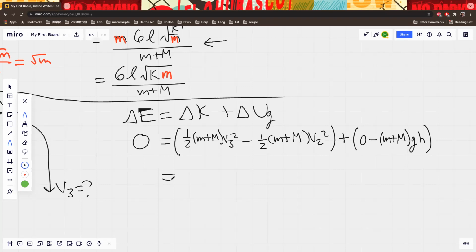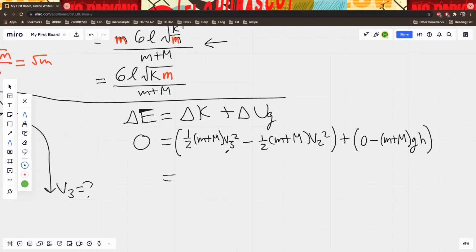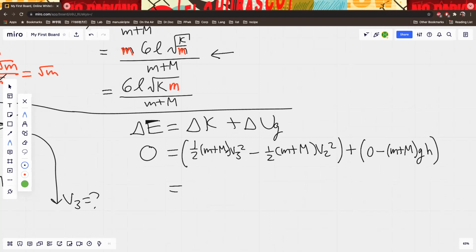Okay, so let's try that. We want to isolate for v3, and we want to plug in what we got for v2, which was 6L square root of all that stuff.